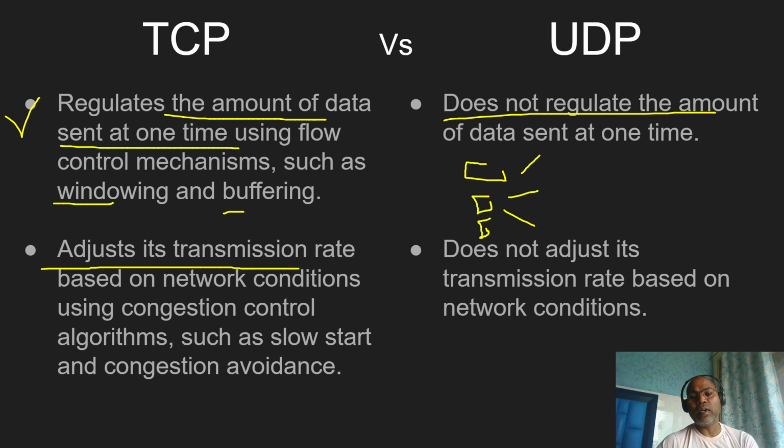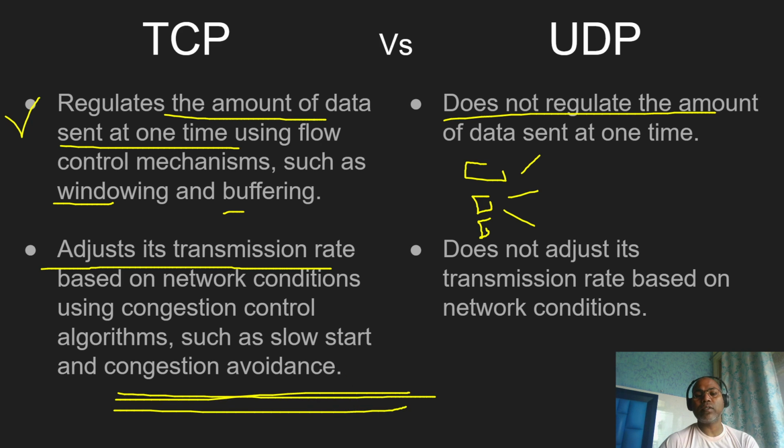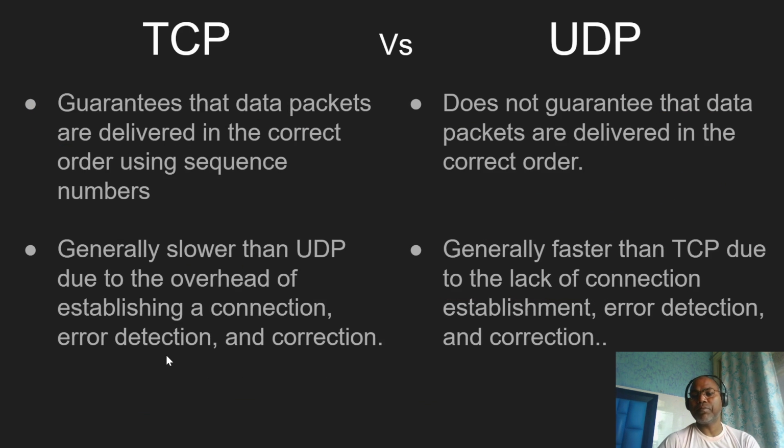TCP requires adjustment of the transmission rate because it has a dedicated connection, and according to the network bandwidth and rate, it has to adjust the sender's and receiver's rates for how data is sent and received. It applies congestion avoidance and congestion control algorithms. But with UDP there is no such transmission rate adjustment, because whichever route is free, they follow a different route to reach the destination.